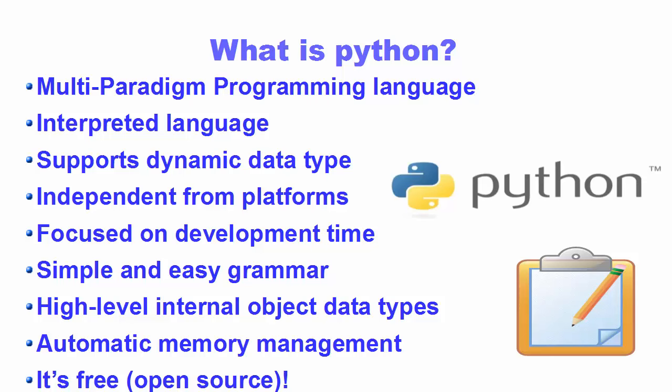Python is a highly readable language and has a clean visual layout. If a developer writes a very efficient Python program, it's like reading the English language. Now Python has high-level internal object data types and automatic memory management, and at last, Python is free and open source. That means you don't need to pay anything to start learning Python.